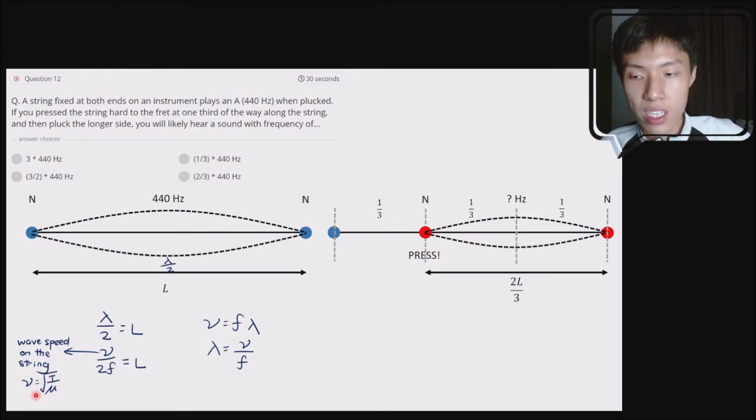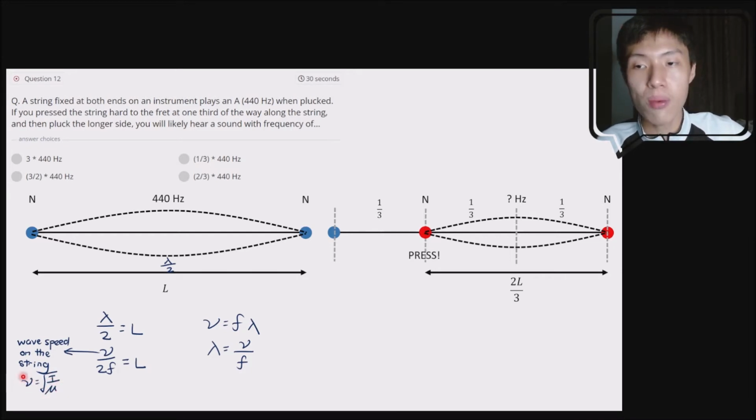So for this situation here, you are not tightening the string, you are not loosening the string. You are using the same tightness of the string. Therefore, you know that the tension is not changing. Next, you are also using the same string, you are not changing to a lighter string, you are not changing to a thinner string. Therefore, you are not changing your mass per unit length as well. So you are keeping your tension constant, you are keeping your mass per unit length constant.